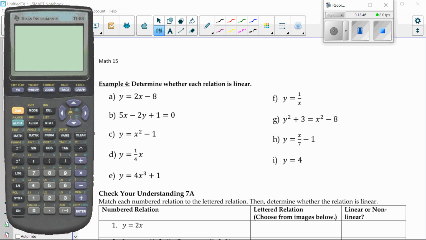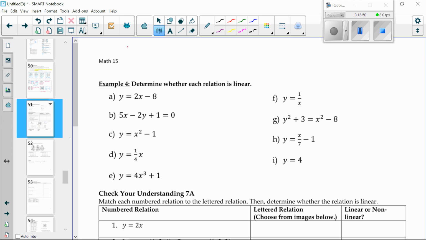Remember that for it to be linear, the exponent on x must be 1 for the relation to be linear.